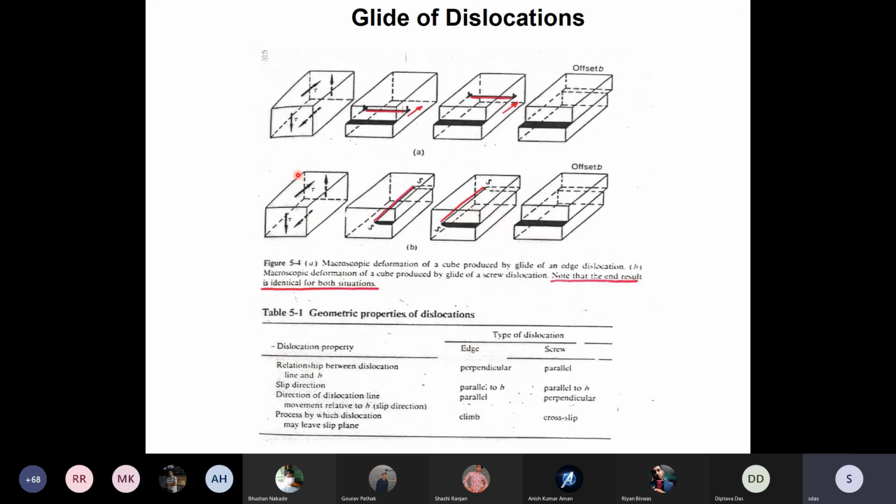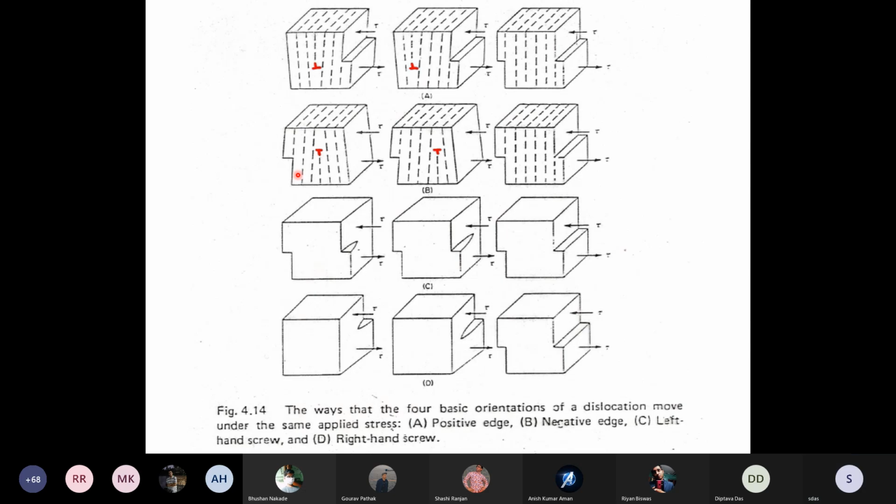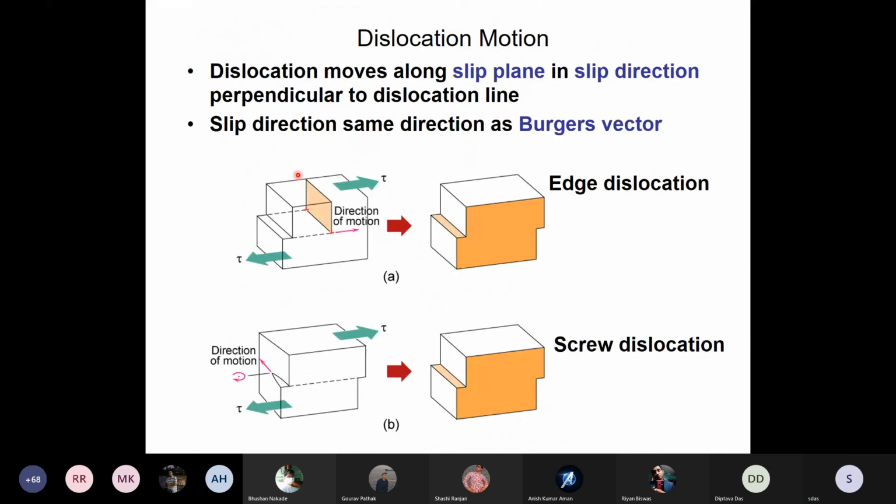Understood? These are the experiments you should try at home. Any question? So, the things I showed you, both edge and screw dislocation, how they move is different. But the end results create the same offset, whether it's an edge or screw.